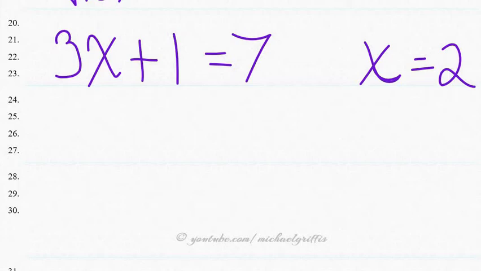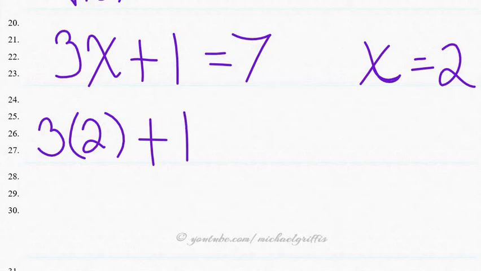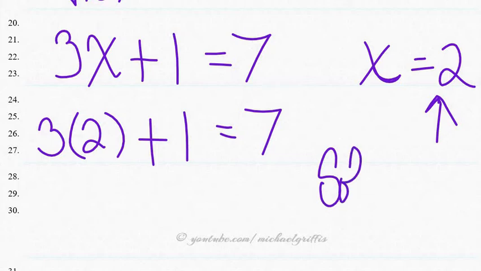We should always check to make sure that is the solution. So let's plug 2 in for x. Does that equal 7? Well, 2 times 3 is 6, and 6 plus 1 is 7. So you see this is a solution to the equation. Okay? Now an equation may have no solutions, one solution, or many solutions.